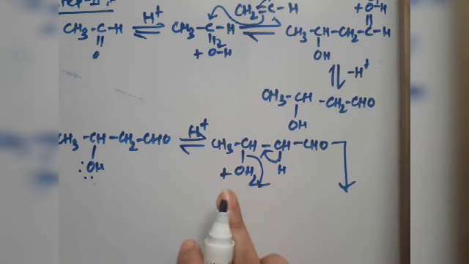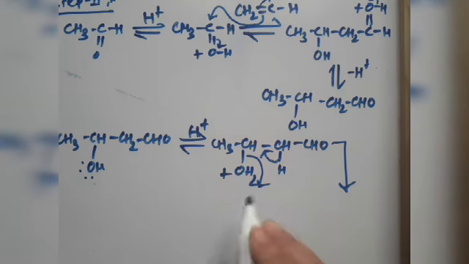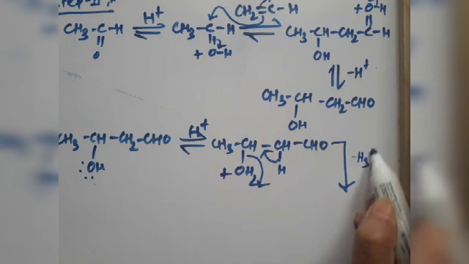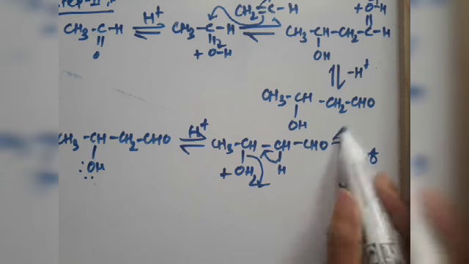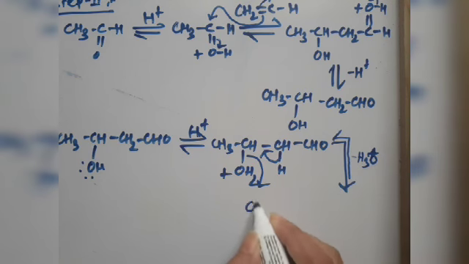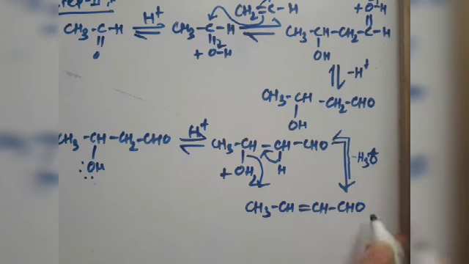So that means one H2O and one H plus is liberated from the system. Okay, so we can write minus H2O minus H plus, or we can write minus H3O plus directly. Okay, so this is also a reversible process. So after that, CH3, CH double bond CH, CHO, that means the same 2-butenal is formed by the acid catalyzed aldol condensation reaction.